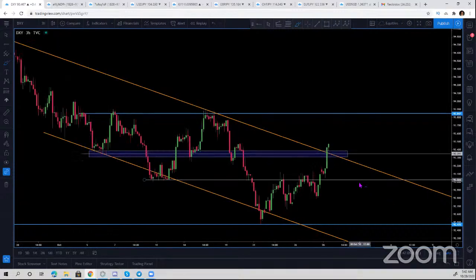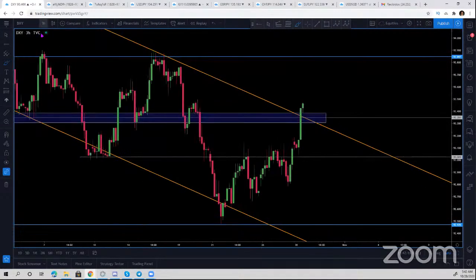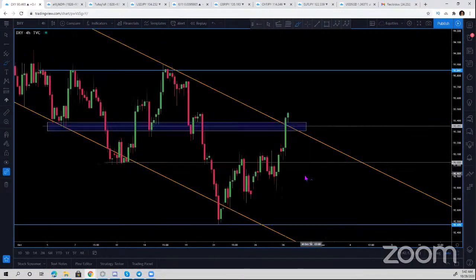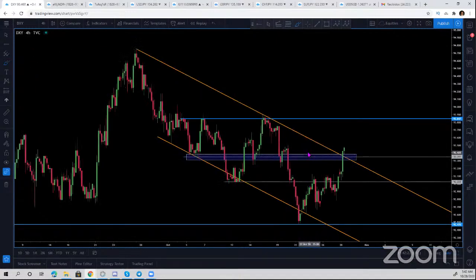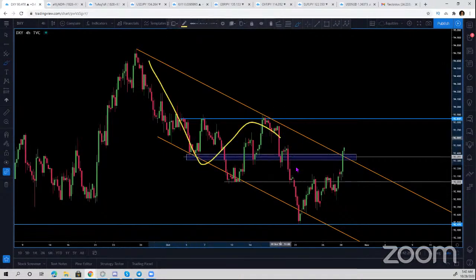But this candle is a 3 hour candle. I'm going to put on the 4 hour chart. This 4 hour candle is so bullish, and it broke with a massive level, and not only that, it broke with the immediate structure.